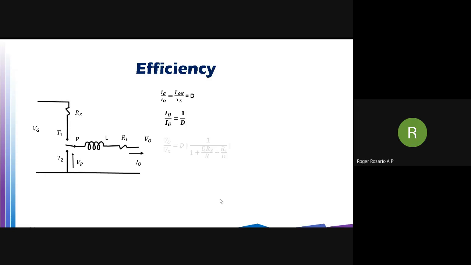So V naught by Vg we have just derived. The forward voltage transfer ratio is nothing but D into 1 divided by 1 plus D into Rs by R plus RL by R. So using this I naught by Ig and V naught by Vg, if we derive the efficiency, we can find it to be again equal to the correction factor.